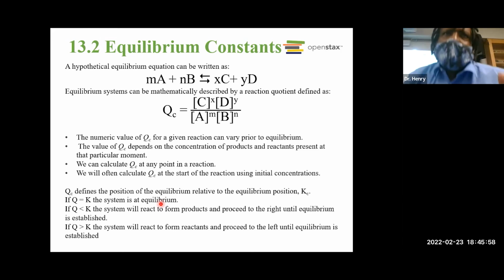QC represents the value at a specific time. Yes, it's like a timestamp. Exactly. And so at equilibrium, this value is going to equal KC, right?